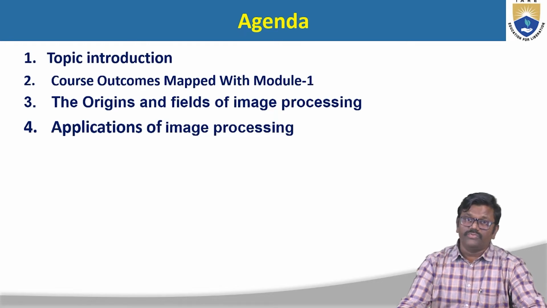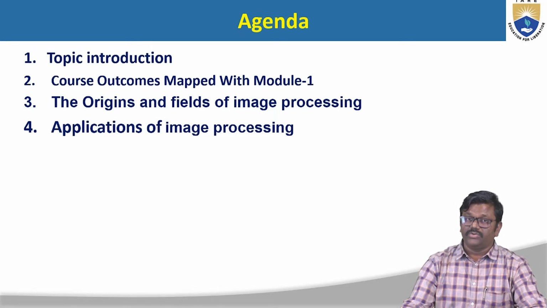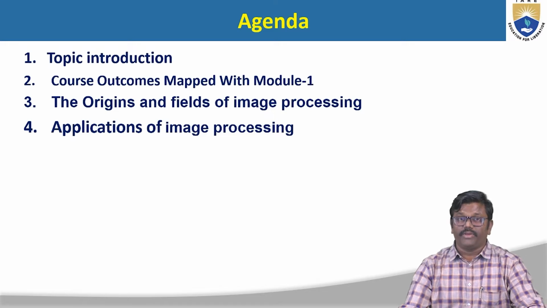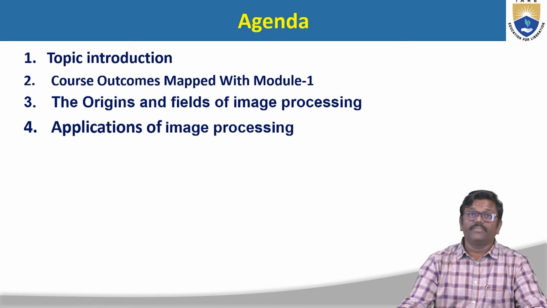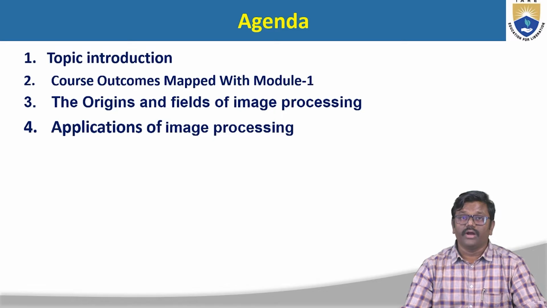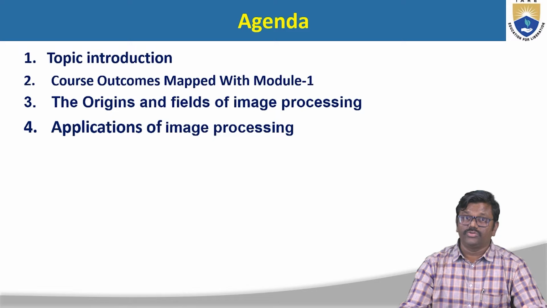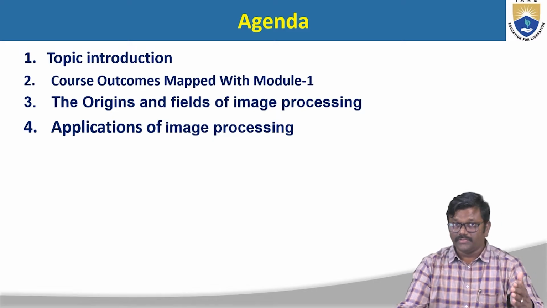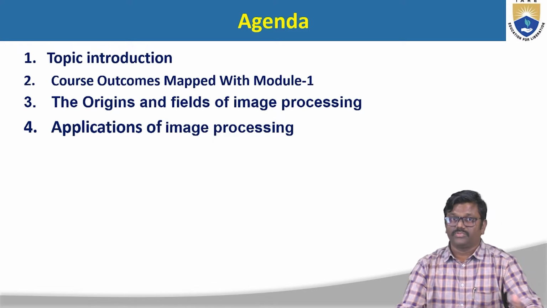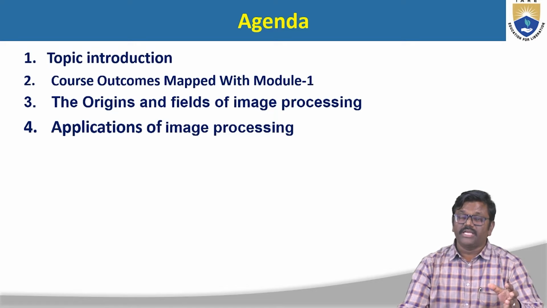The topic we have selected, we need to understand elaborately with detailed information. We start with the course objectives connected, that is mapped, with the course outcomes. This relation will be covered only in the aspect of module 1.